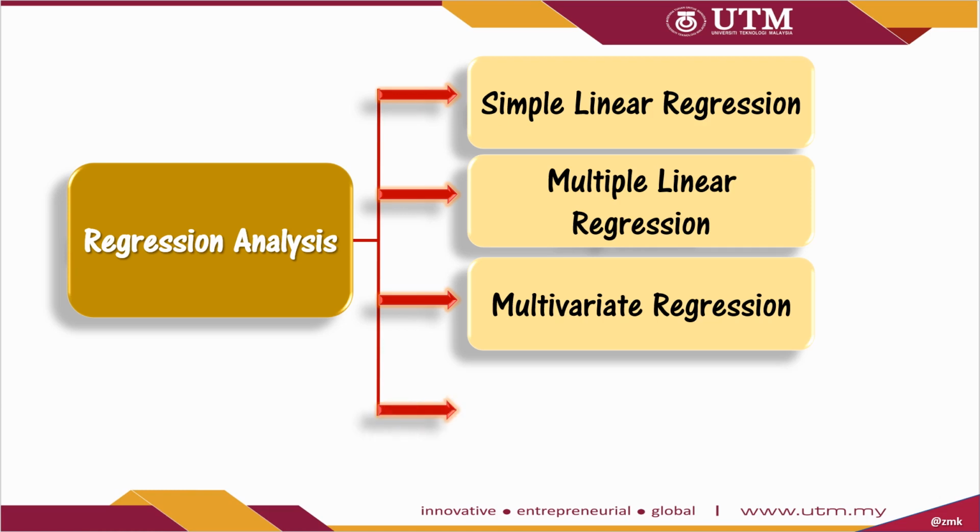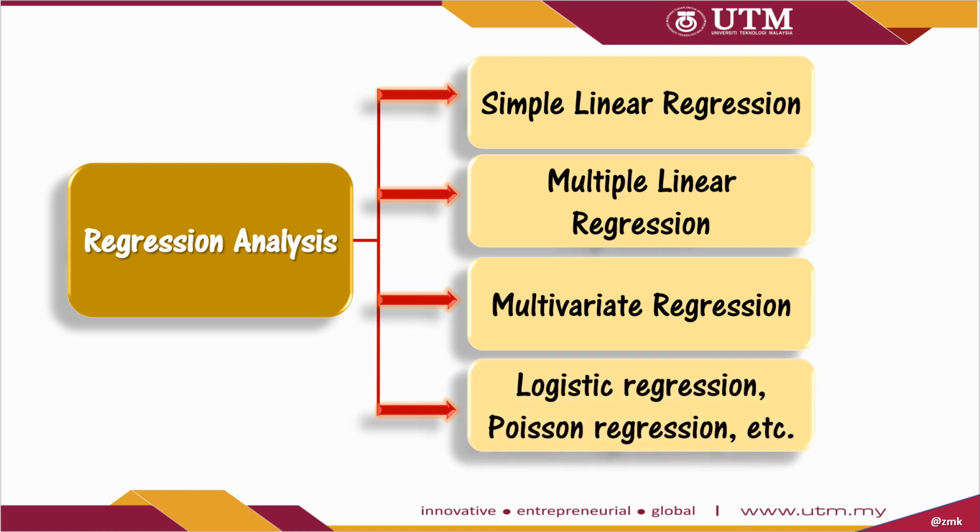Another type of regression analysis is logistic regression when the dependent variable is binary, or a Poisson regression when the dependent variable is count variable, and etc. Our focus in this chapter, nevertheless, will only be on a simple linear regression, which is the most basic regression analysis approach.